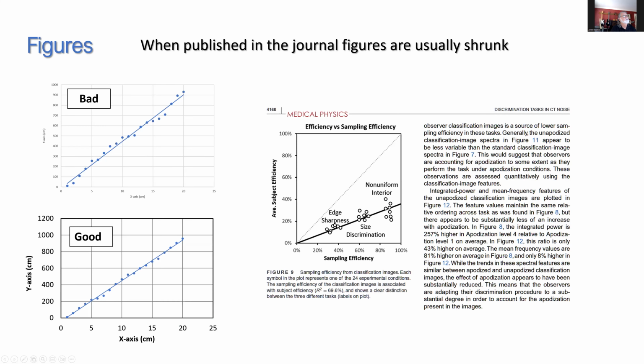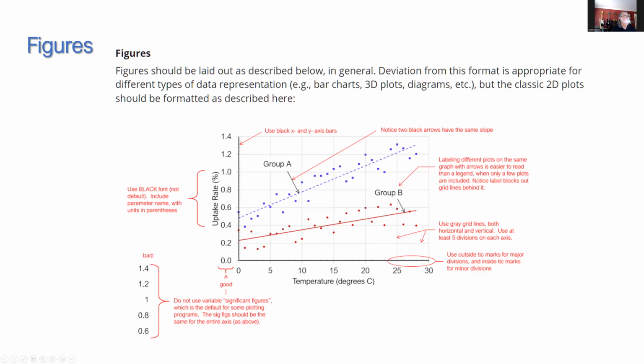That way, when you shrink this down and it gets inserted into a published paper, you can actually read the font. If you don't do that, then the font will be largely illegible. And so this is just a summary of what the last couple slides were, and this is an example of a well done figure from a colleague of mine.